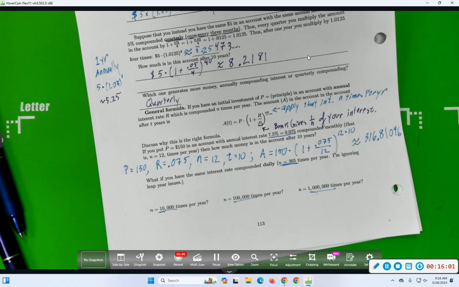N equals 365. N equals 10,000. N equals 100,000. N equals 1 million. And once you have your assigned computation done, tell me what you got.